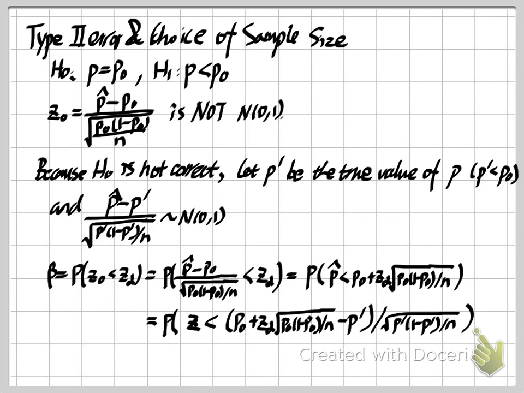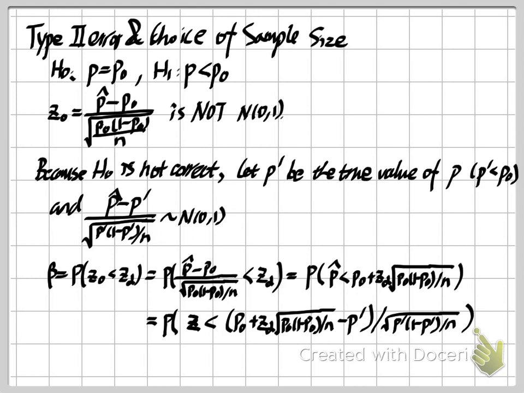The numerator is our original numerator, P0 plus Z alpha times the square root, and now minus P prime. For the denominator, it is the square root of P prime times (1 minus P prime) divided by n, and all of this is in the second square root.